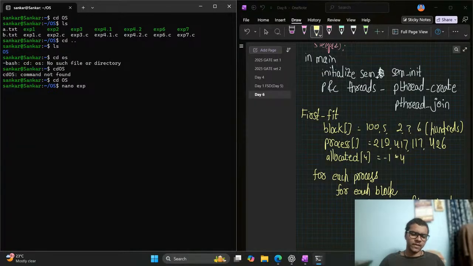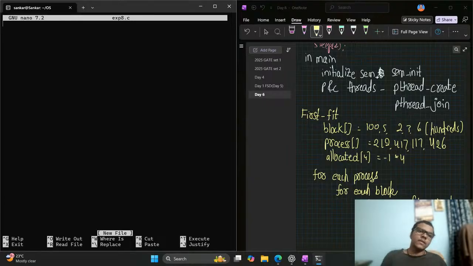Nano experimentate dot c. So first fit. How many blocks we got?